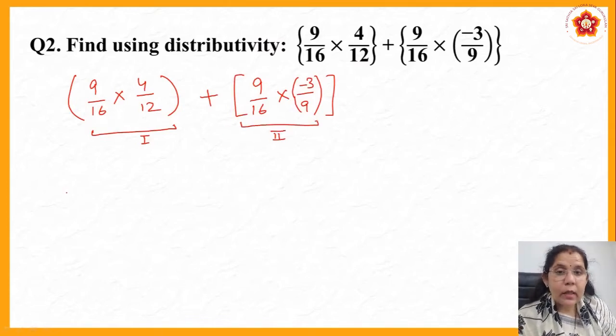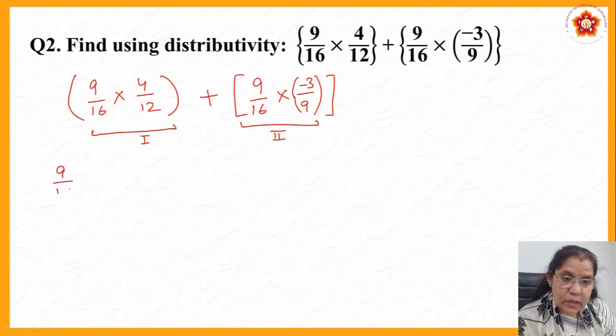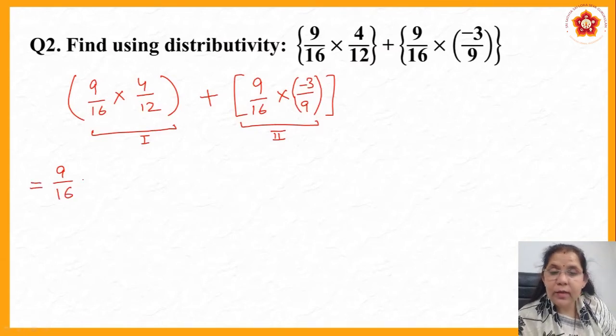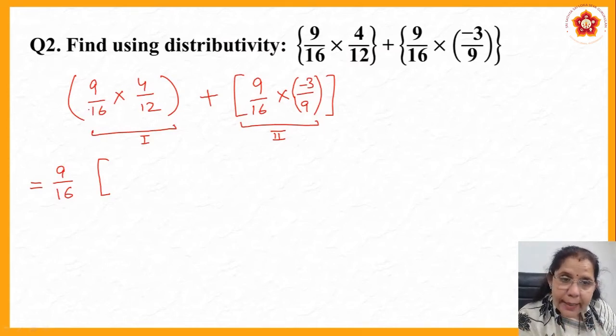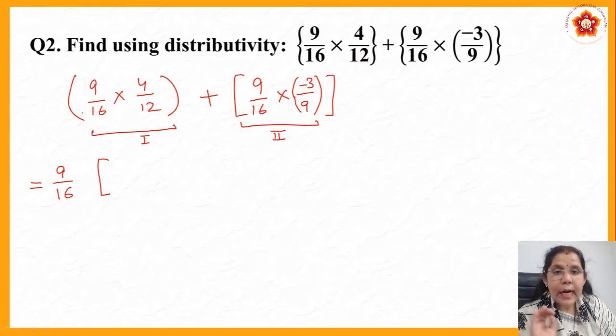Look in these two terms, what is common? Rational number 9 upon 16 is common in both the terms. Then we start with a bracket. If 9 upon 16 is taken out, what is left inside the bracket? You just have to hide that 9 upon 16 and see what rational number is left behind.